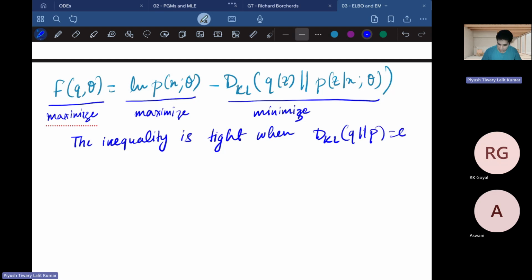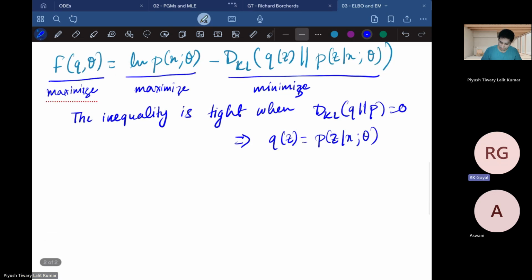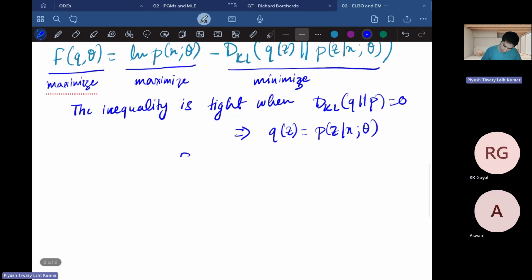And when will this happen? When will the KL divergence be equal to zero? When Q of Z is equal to P of Z given X, theta, right? So in this case, what will happen is F of Q, theta will be exactly equal to log of P of X, theta, right?